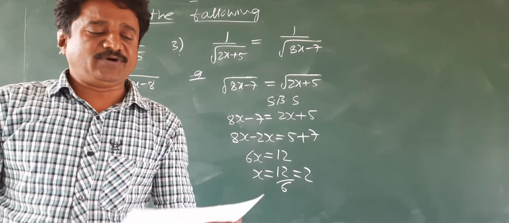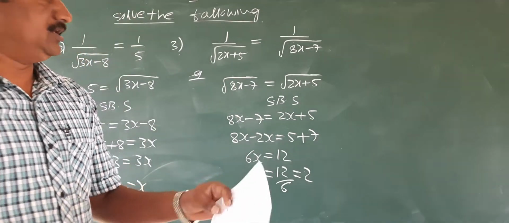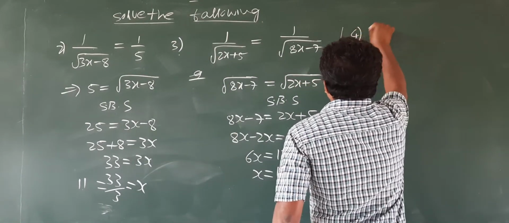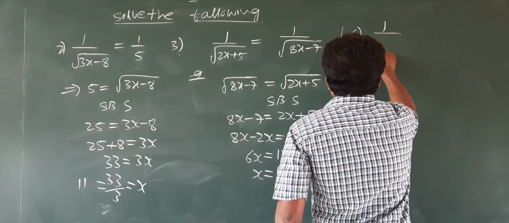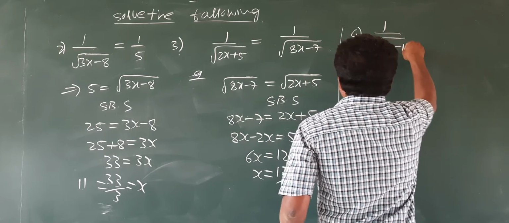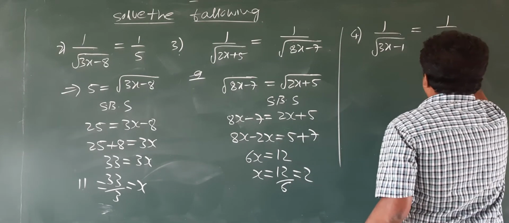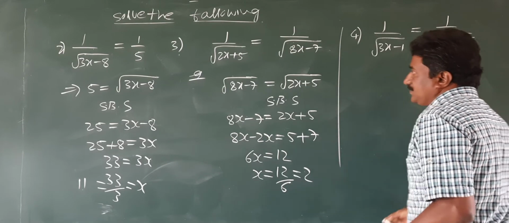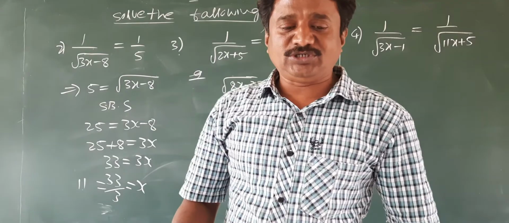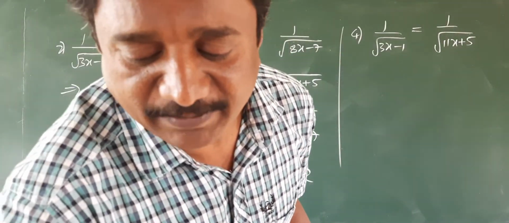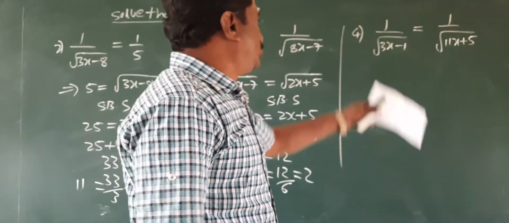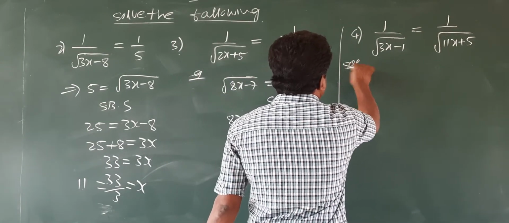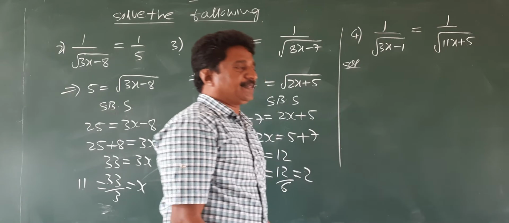Now let's solve one more question of the same type. Next question is 1 by root of 3x minus 1 is equal to 1 by root of 11x plus 5. Solve it by the same method, students.